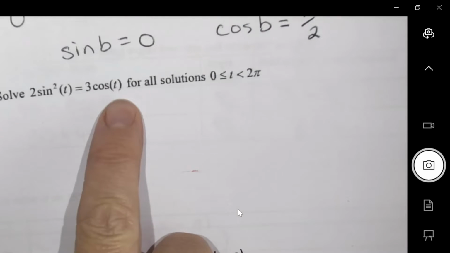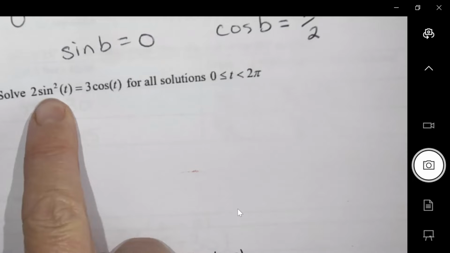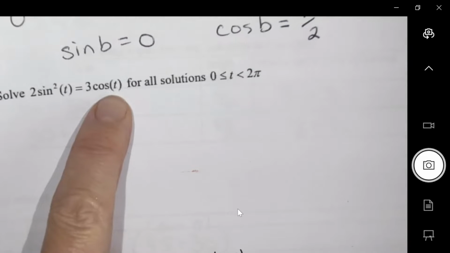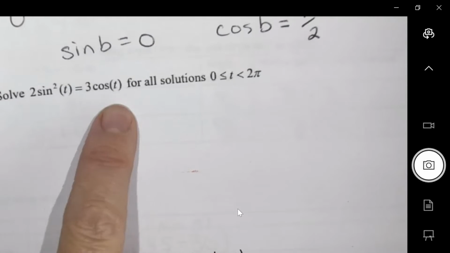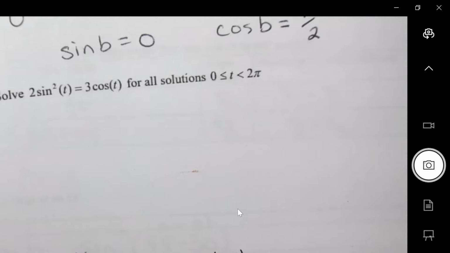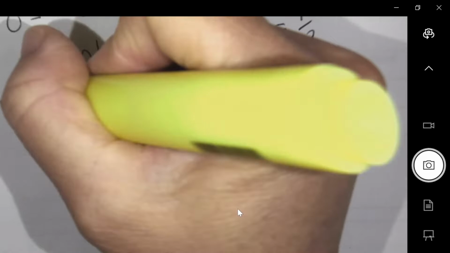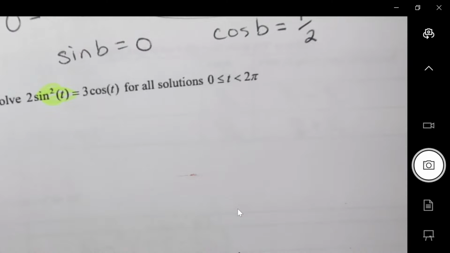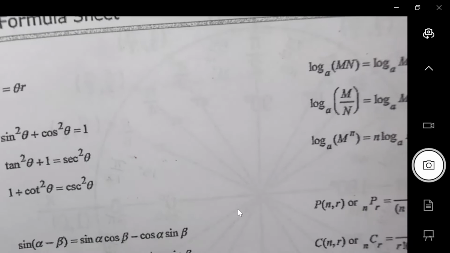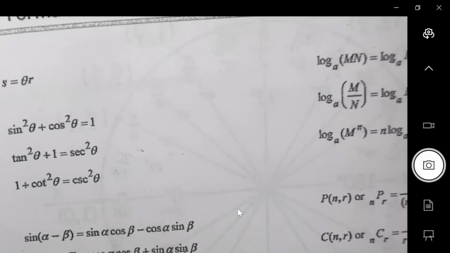Which one do you think I can make a replacement for? The sine squared or the cos part? We're going to pick sine squared. We're going to replace that. Okay, let's go to the top here.